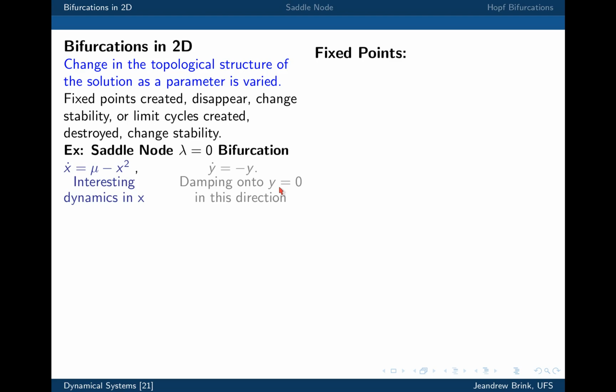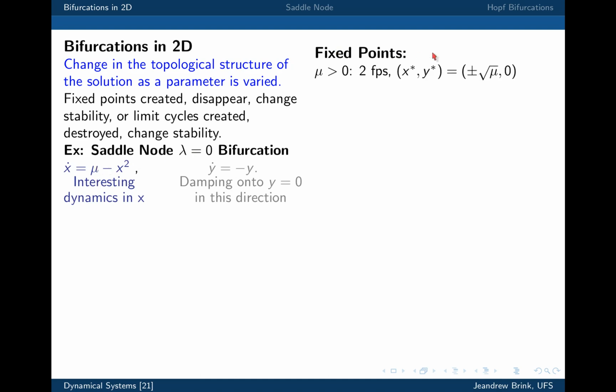And so if you analyze the system, and once again, the analysis of the bifurcations is exactly the same as the analysis we've been doing, at least at the first step. You get the fixed points. Okay, so you look for where the fixed points exist. So if mu is greater than 0, you have 2 fixed points.